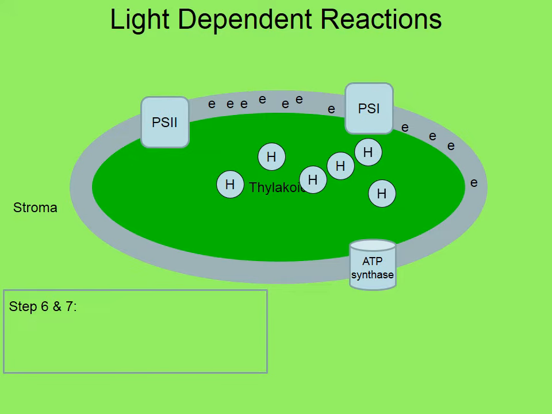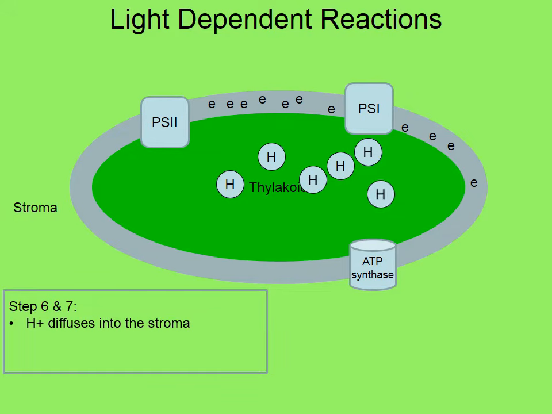So when we move on into the next steps of the light-dependent reaction, I want you to see that there's a bunch of hydrogen ions inside the thylakoid. Remember, those hydrogens once belonged to water. And so now that there's a high concentration of hydrogen in the thylakoids, they're going to rapidly diffuse from a high concentration to a low. Notice at the bottom of the animation, there's a little tunnel or a tube labeled ATP synthase. This is an enzyme protein complex here.